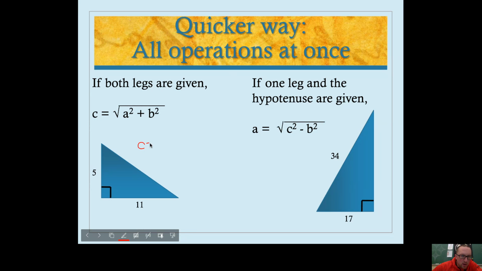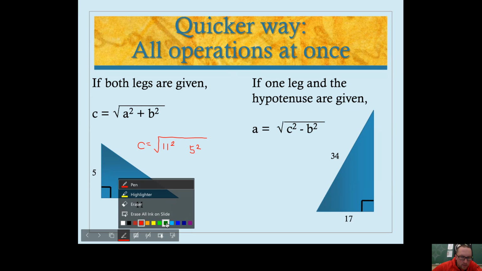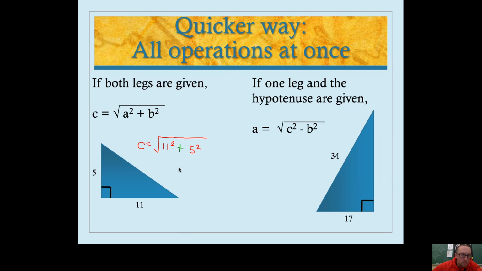If you want the hypotenuse, you take the square root of your two numbers squared and added. Now, you can type this directly into your calculator, and that's what I'm going to do.